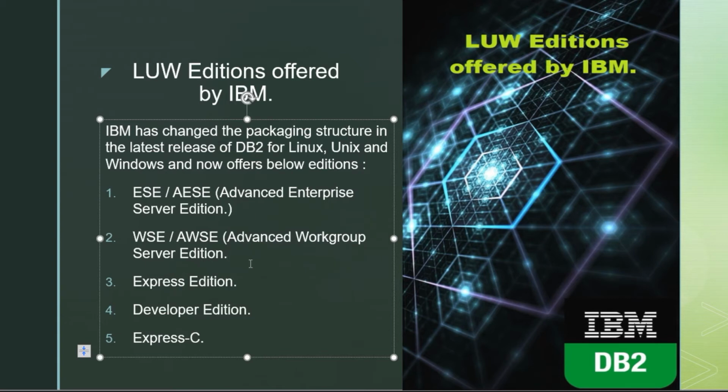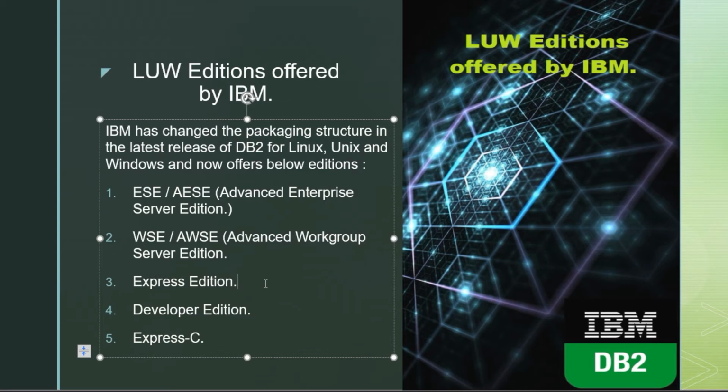The second one is Advanced Workgroup Server Edition or Workgroup Server Edition. It is designed for workgroup or mid-size business organizations. Workgroup Server Edition supports high availability disaster recovery, online reorganization, pureXML, web service federation support, SQL replication, backup compression, etc. Third is Express Edition.